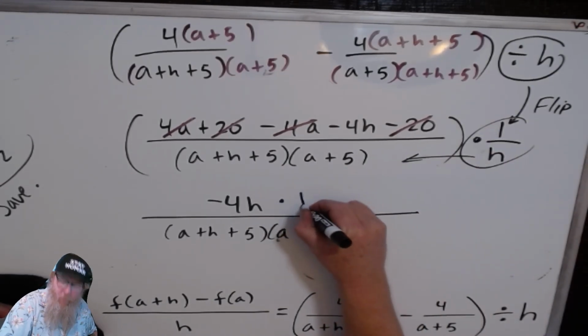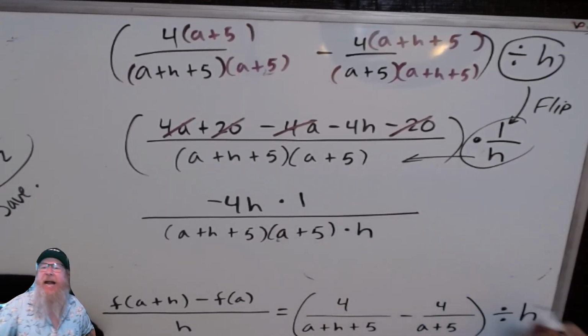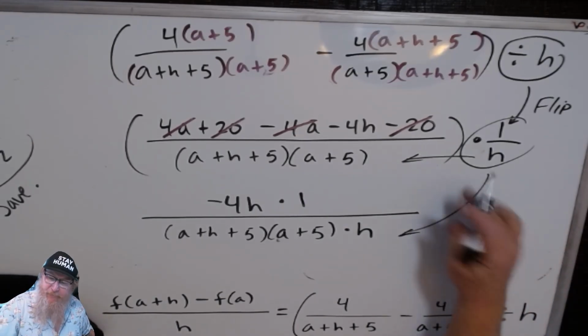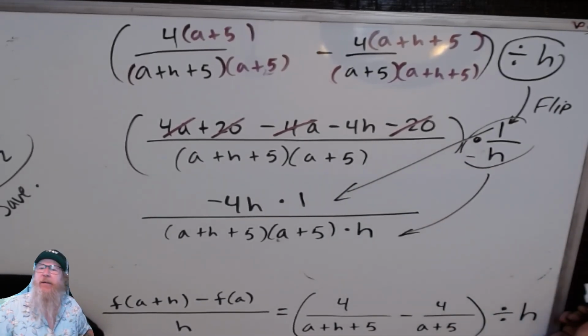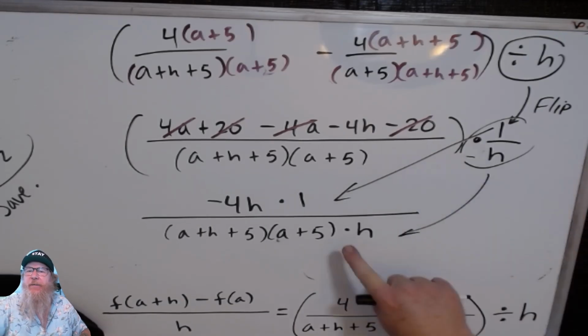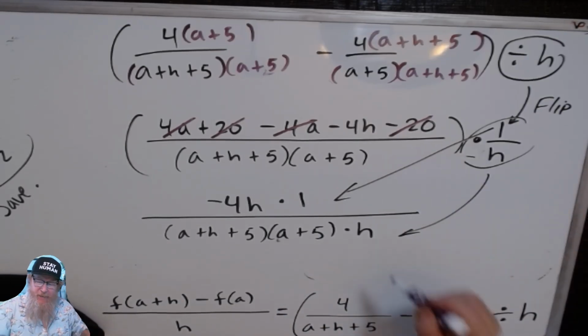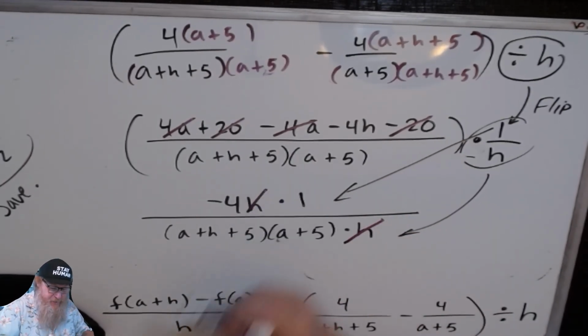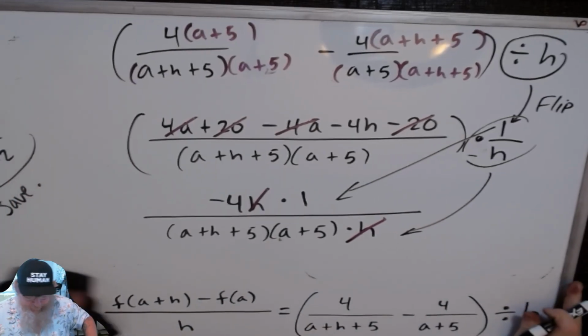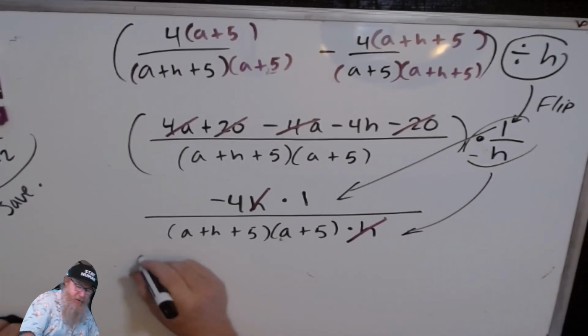So this will be times 1, and this will be times h. Yeah, the 1 multiplies by the numerator, the h multiplies by the denominator. So now I can cancel these h's. And we're ready to take our limit.